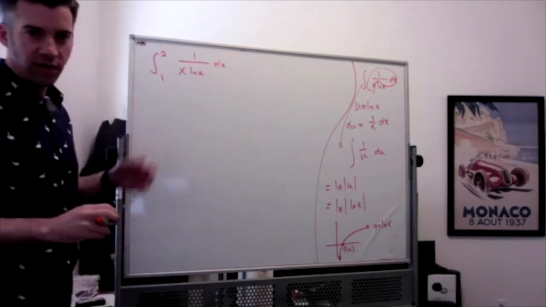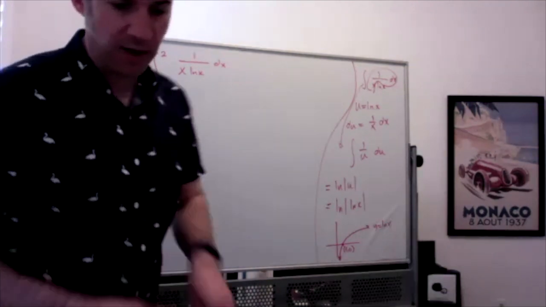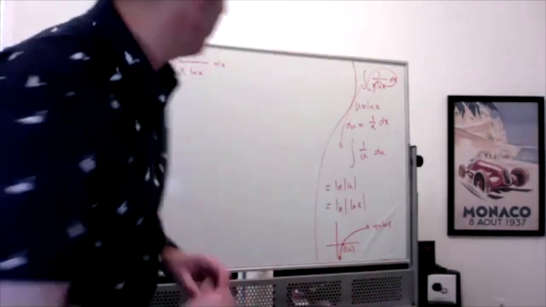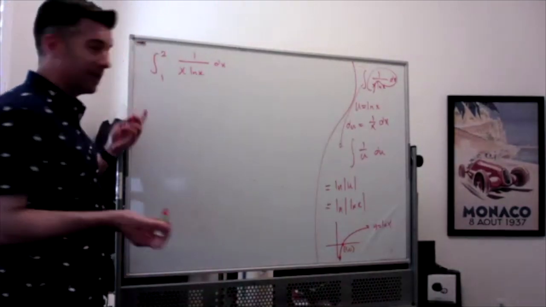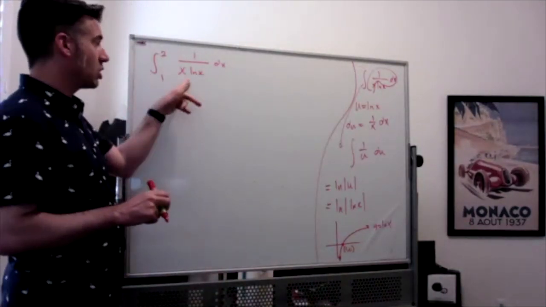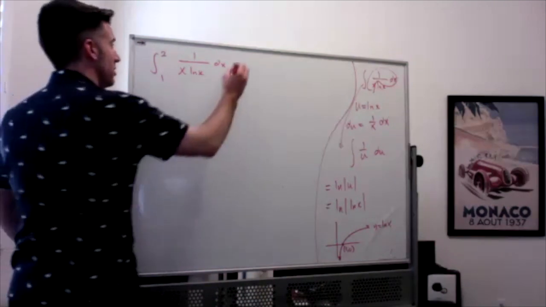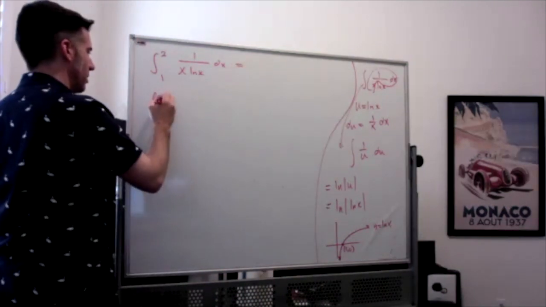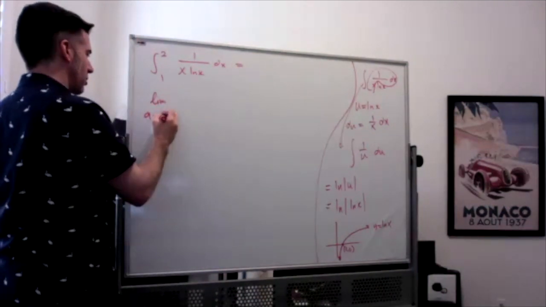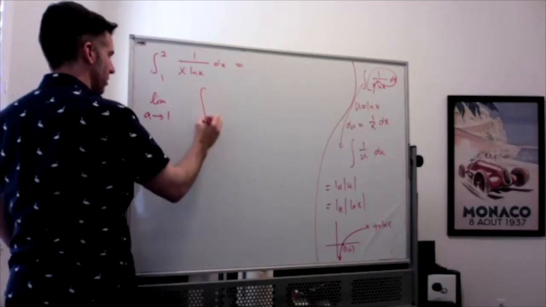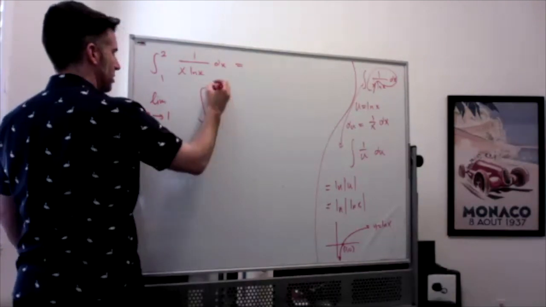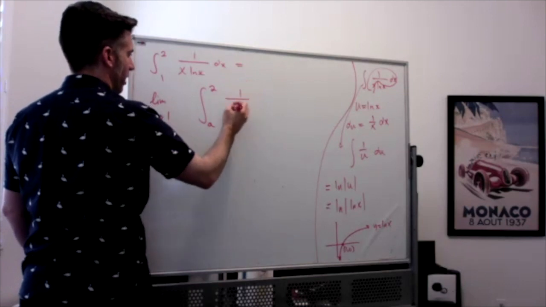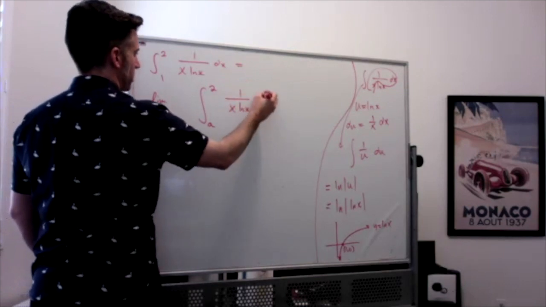I know we already did the 1 over x natural log of x one, but now we have the other piece of it. This one is improper because that function is undefined at 1. So here I would write this as the limit as a approaches 1 of the integral from a to 2 of 1 over x natural log of x dx.